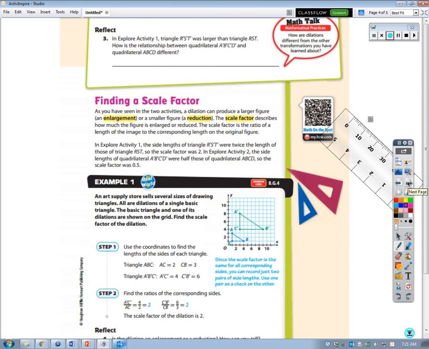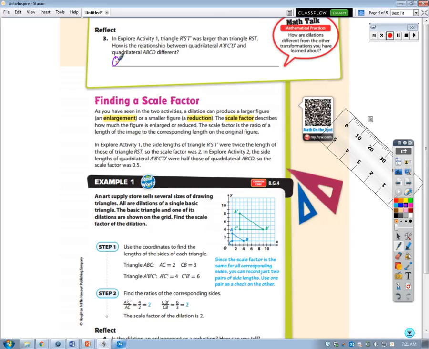So in Explore Activity 1, we've got our little reflect here. Triangle R prime, S prime, T prime was larger than RST. How is the relationship between quadrilateral A prime, B prime, C prime, D prime and quadrilateral ABCD different? Well, it was smaller, right? So even though it was proportional, it was a dilation, but it was smaller than the quadrilateral.